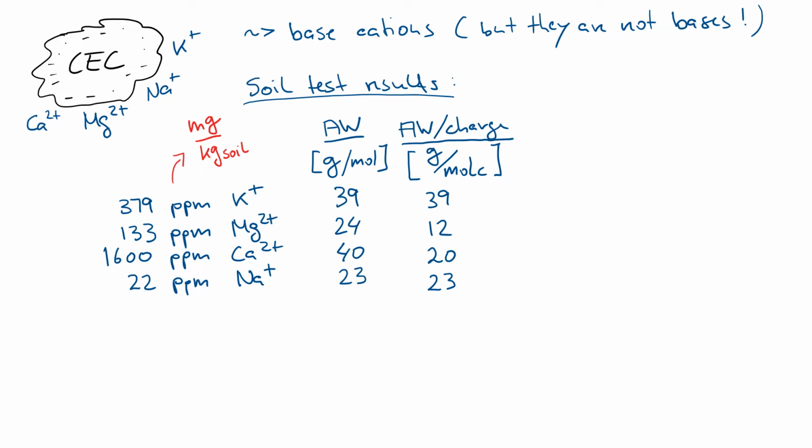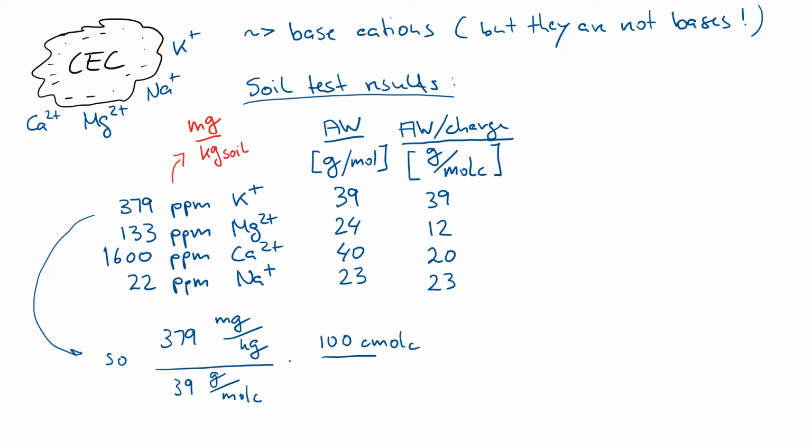So for potassium, that'd be 379 milligrams of potassium per kilogram of soil. Taking all this together, we can now calculate the contribution of each one of these cations. So 379 milligrams per kilogram divided by 39 grams per mole charge.